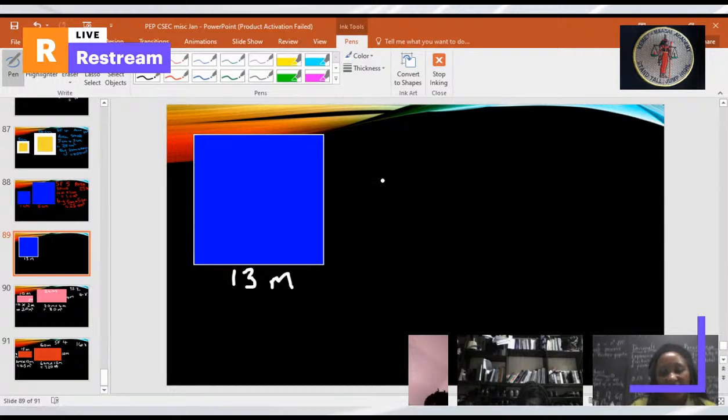If I am enlarging this square with a scale factor of 6, I want you to work out for me what would be the area of the new square and how much larger it would be.